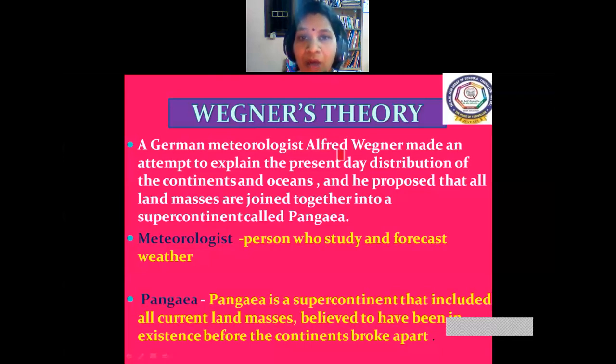See, now we know North America, South America, Asia, Europe, and the continents are separated. But millions of years ago, all were joined together into a supercontinent, all in one landmass. All the continents in one landmass.